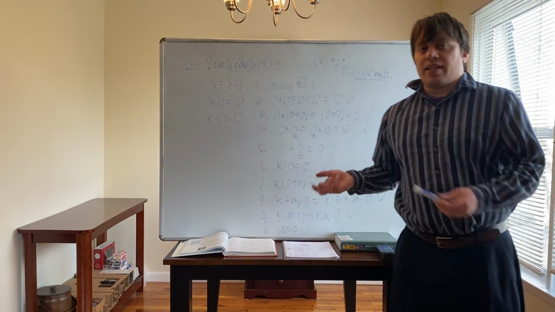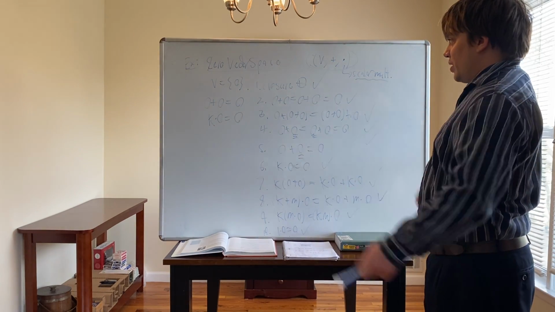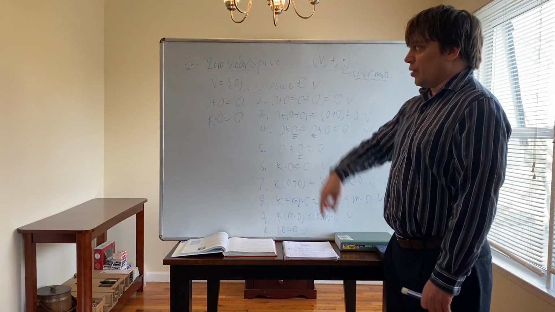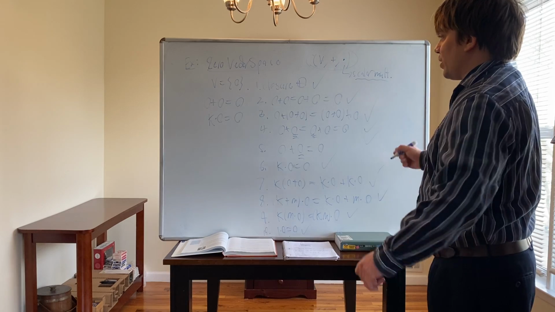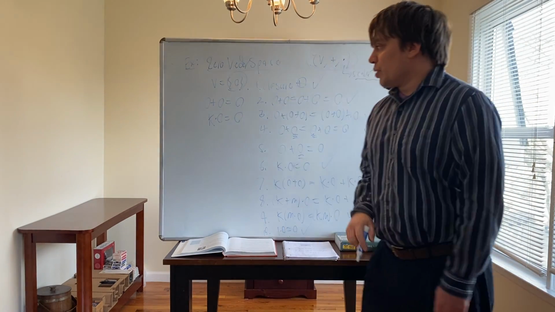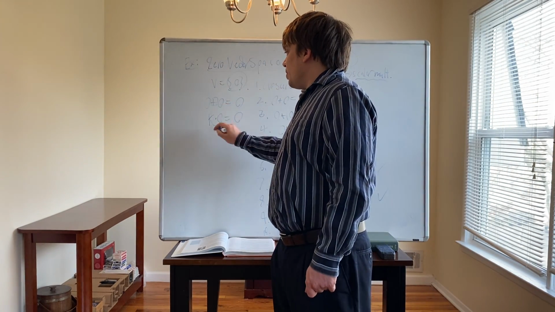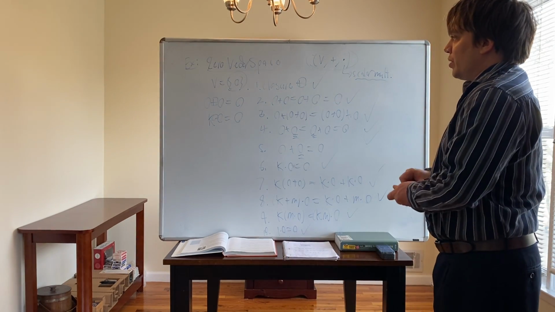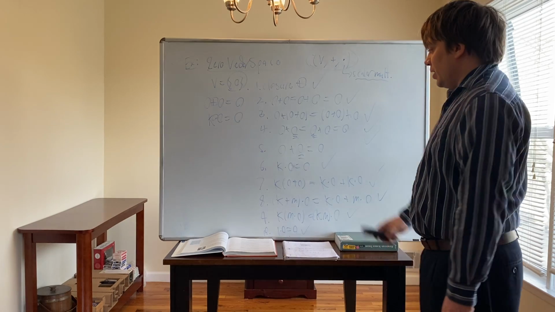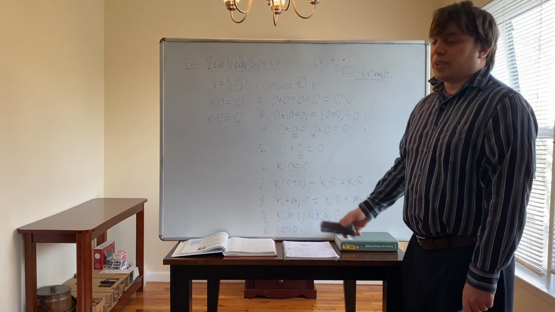It's not just the set, and it's not just the two operations. It's the set and those two operations combined. Those three things together make up a vector space. So this vector space is the set containing only the number 0, this operation of addition, and this operation of scalar multiplication. Those three things make up the zero vector space. And it is true because, again, all 10 axioms hold.